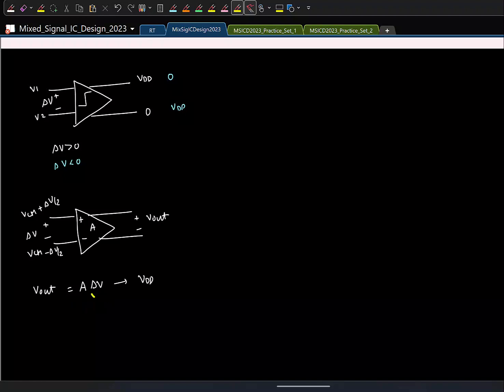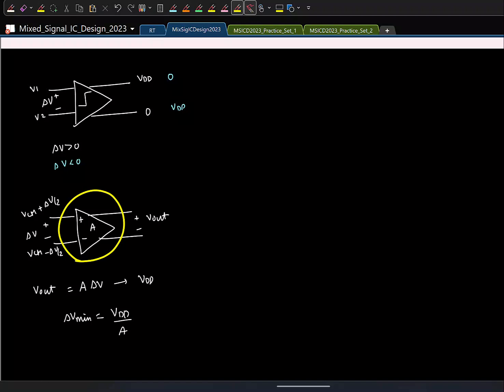So what is the minimum delta V I can apply? VDD by A. That's fine? So this is the minimum input for which I can get VDD. Less than this, it might not reach VDD, at least ideally. And what is the simplest differential amplifier?